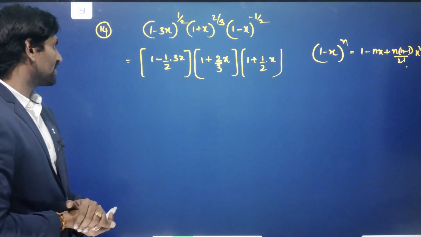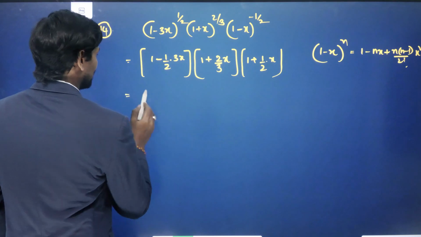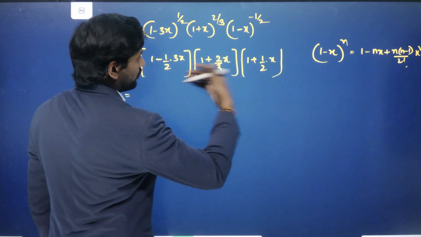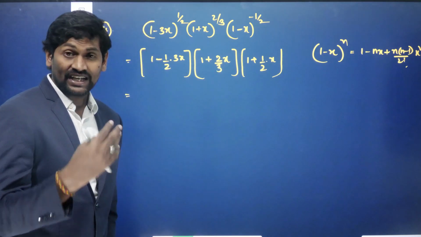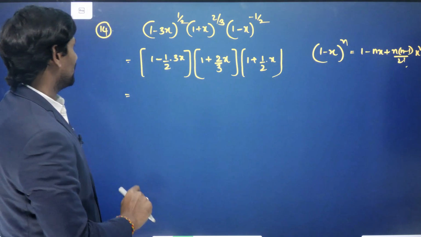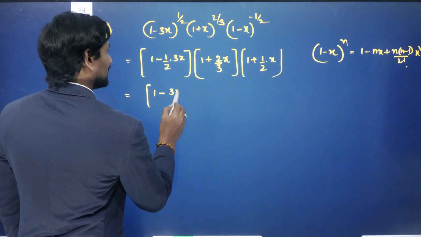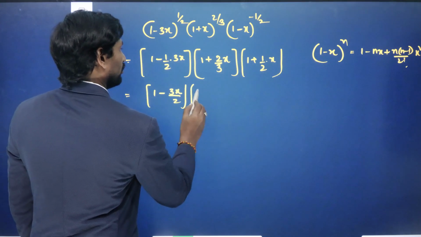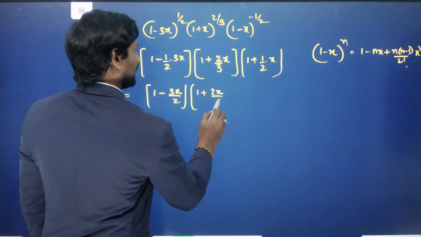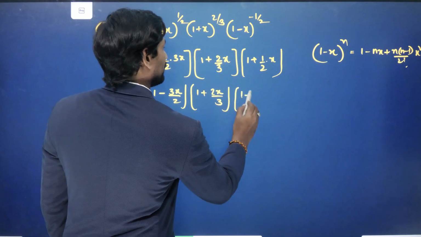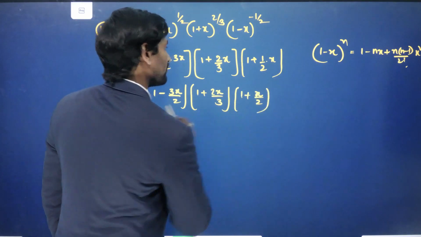Like this 3 terms are there. So try to multiply 3 of them, and x square and above powers we can neglect, only x we can leave like this. So this one 1 minus 3x by 2, 1 plus 2x by 3, here 1 plus x by 2. Okay?